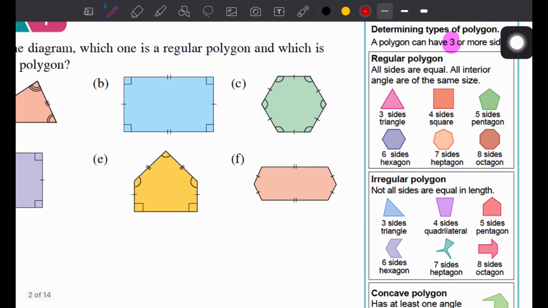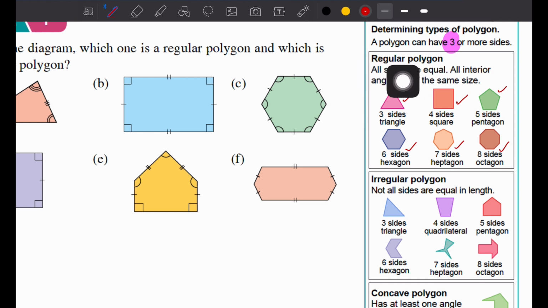Now look over here. You have 3 sides, triangle; 4 sides, square; 5 sides, pentagon; 6 sides, hexagon; 7 sides, heptagon; 8 sides, octagon. So these are regular polygons.